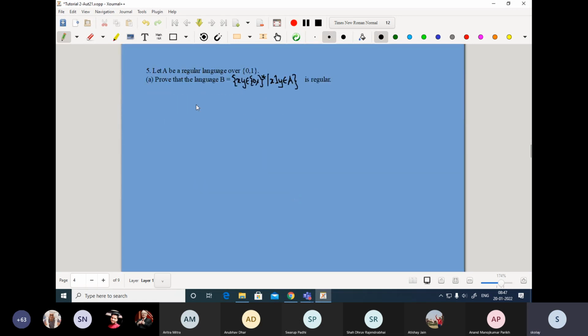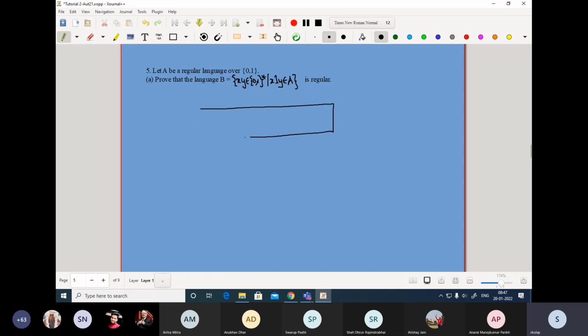Okay, so now A is a regular language over 0, 1. 0, 1 are the input symbols. Then you have to prove that the language B, which is xy belonging to {0,1}*, such that x1y belongs to A, is regular.